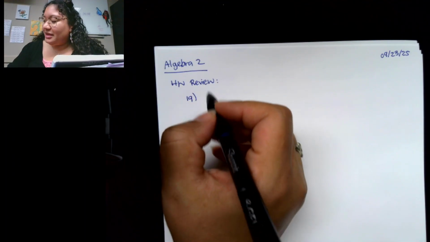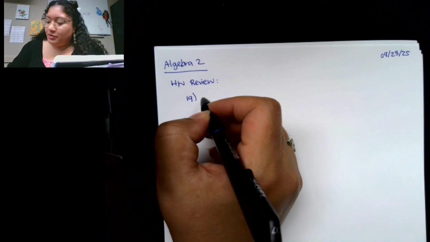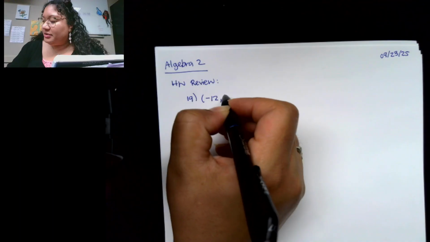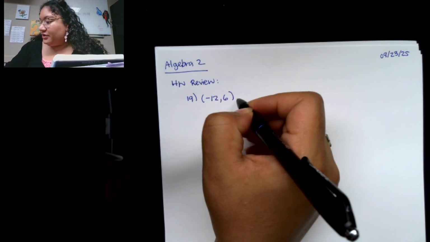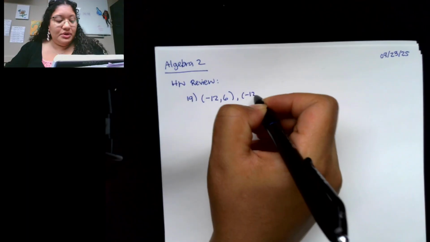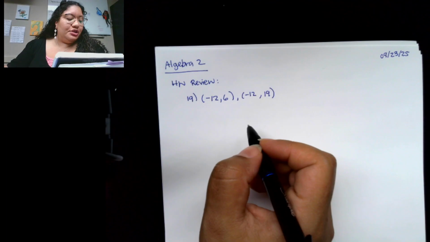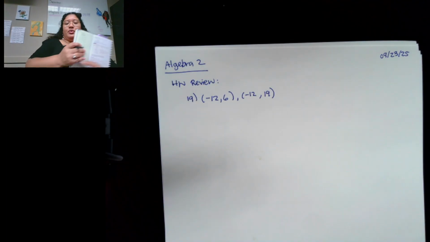Number 19. So we have our ordered pairs, negative 12, comma 6, and we've got negative 12, comma 19. We're asked to find the slope of the given points.